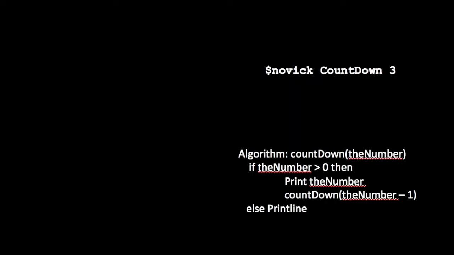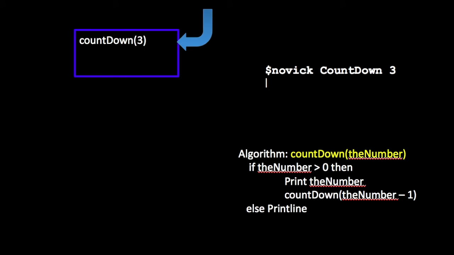Let's see how recursion works when an algorithm like this is executed. In this example, from the command line, I'll call countdown of 3. So first, it creates an activation record for countdown with n equals 3. And I'm going to show the position of the cursor on the screen here so that we can see the new line when it comes.